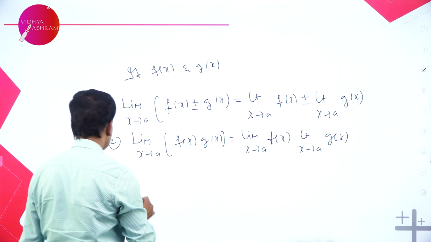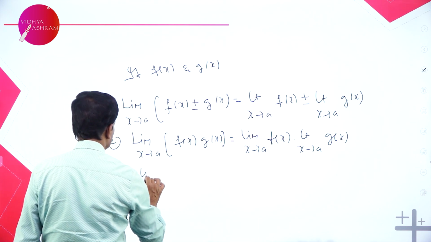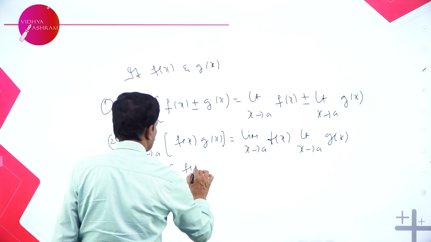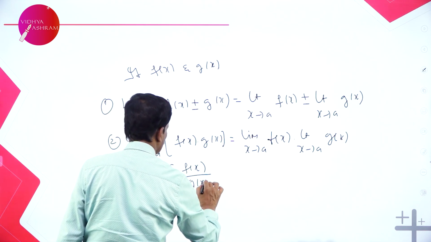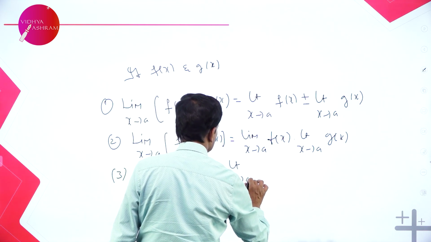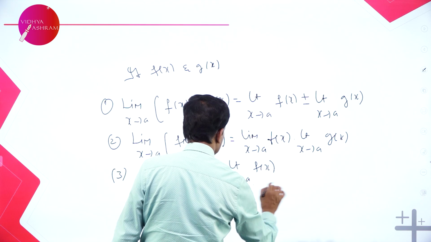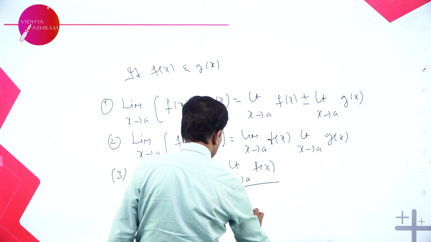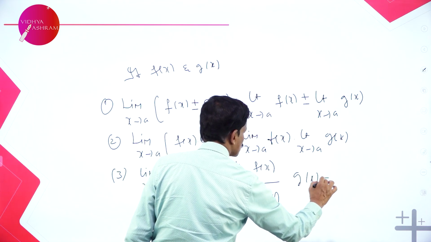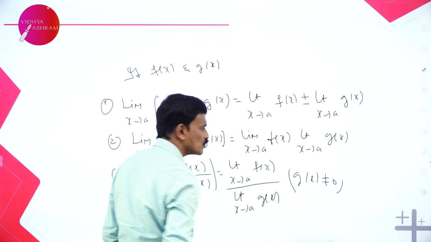Suppose it is of the form limit x tends to a of f of x divided by g of x. This can be written as limit x tends to a of f of x divided by limit x tends to a of g of x, provided g of x is not equal to 0. Quotient rule.